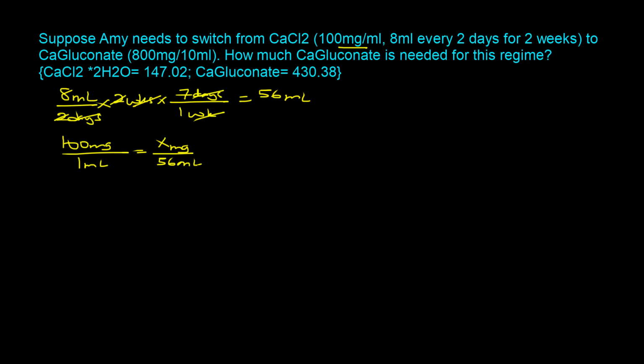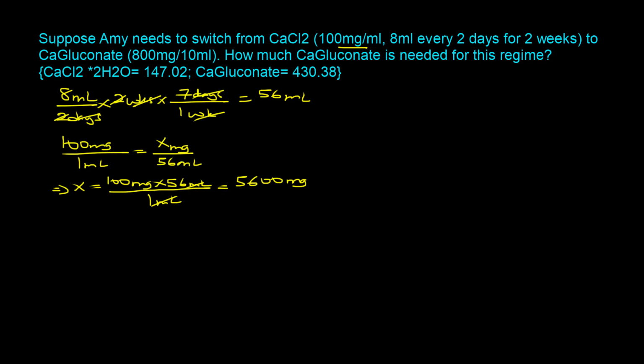So that's our proportion. We can go ahead and solve for x, which is our unknown. So x equals 100 milligrams times 56 milliliters divided by 1 milliliter. So the ml cancels out and you end up with 5600 milligrams.